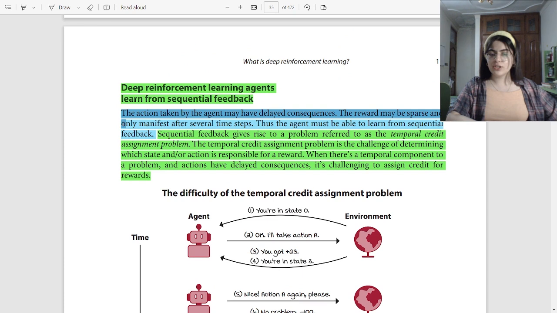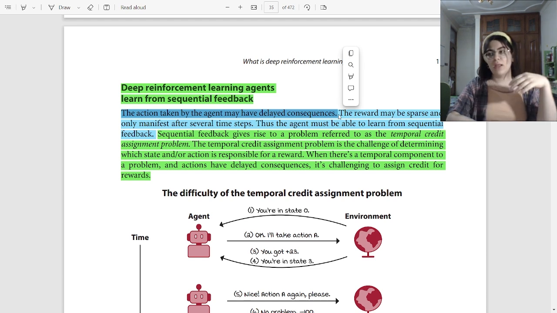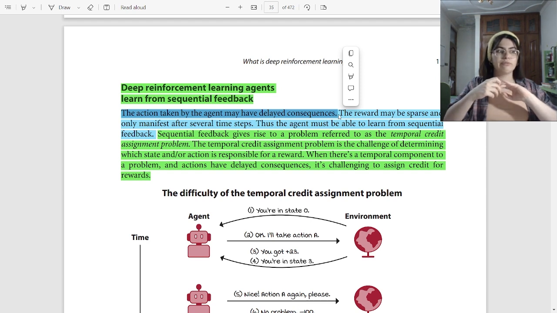It says that the actions taken by the agent may have delayed consequences. For example, in chess, you play and play and play, and at the end it will be revealed that you win or lose. You won't know which action was responsible for your winning or your loss. This is a very important key, called credit assignment. It's the same as in your normal life.